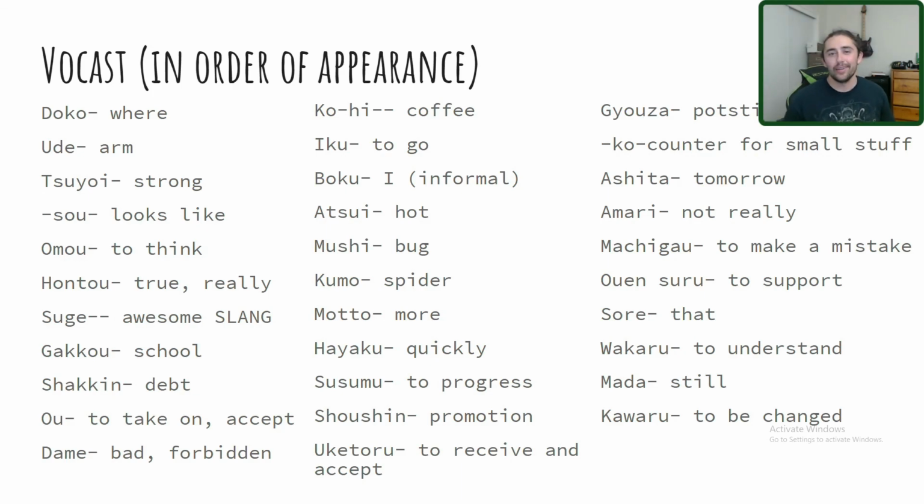So we've got doko, ude, tsuyoi, so, omo, honto, sugoi, gakko, shakkin, o, dame, kohi, iku, boku. You can see them. You can read, hopefully.